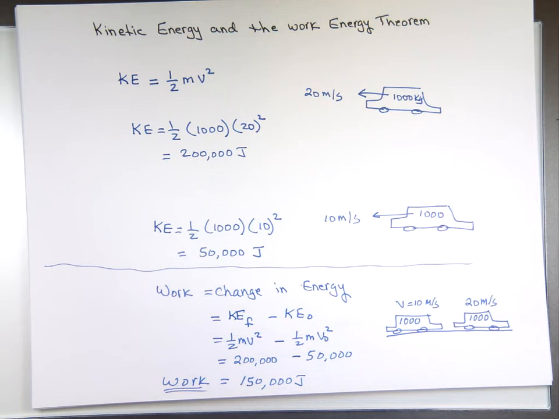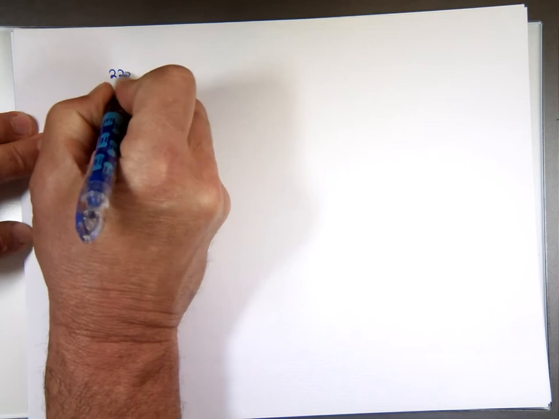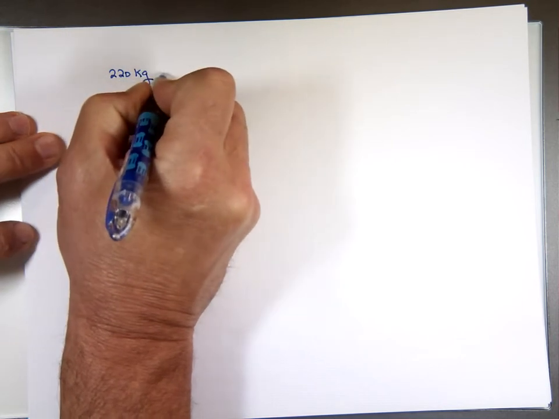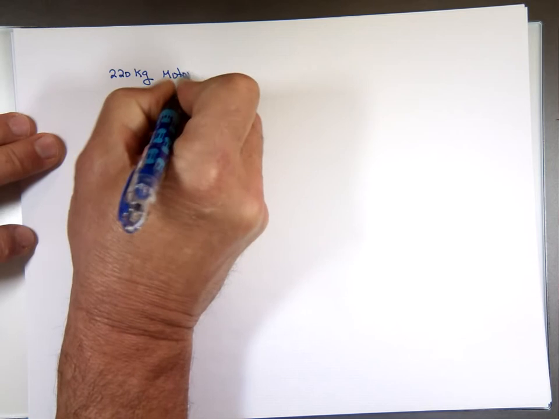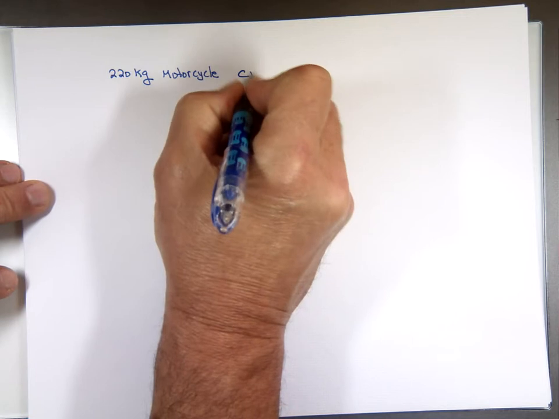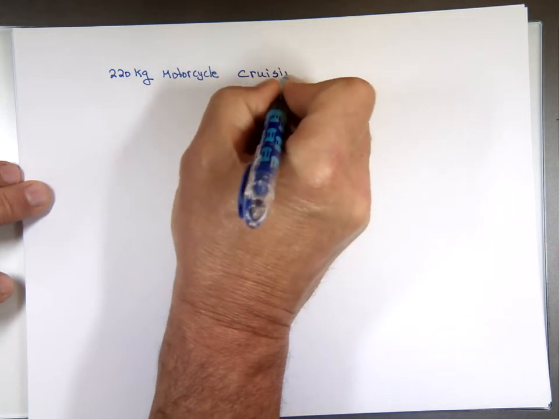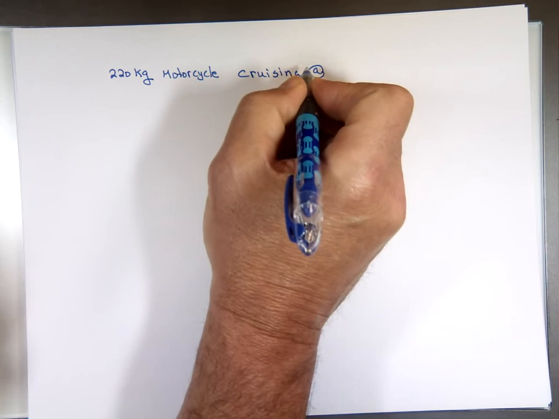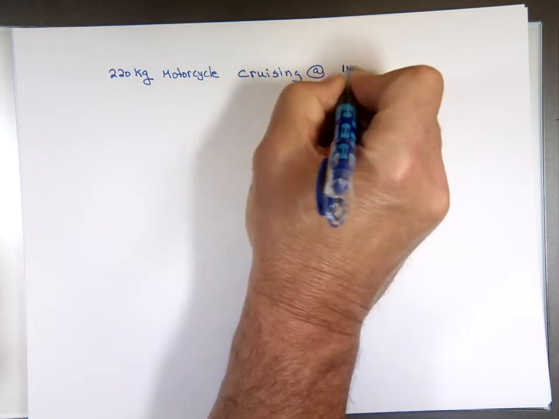Let's take another example. We have a 220 kilogram motorcycle. That's the motorcycle with the person on top of it. And it's cruising at 14 meters per second.